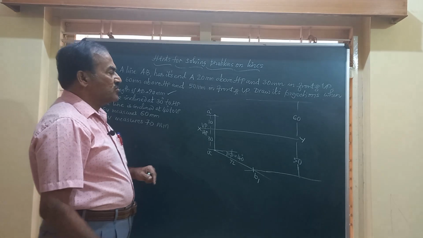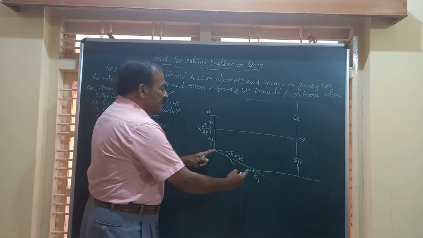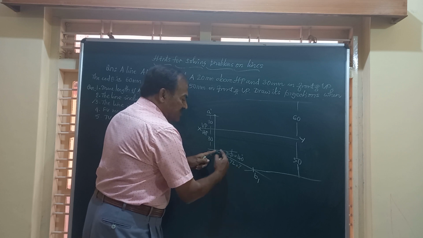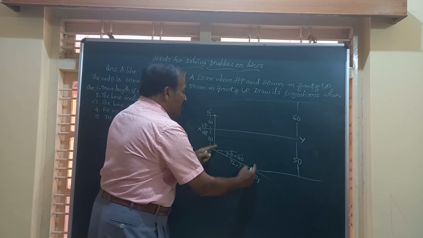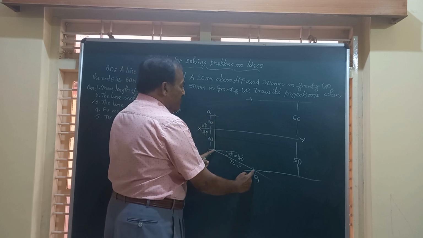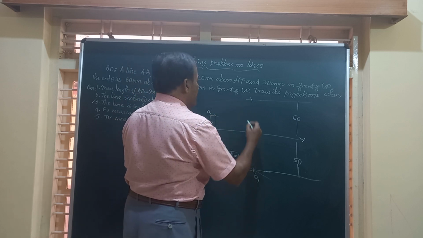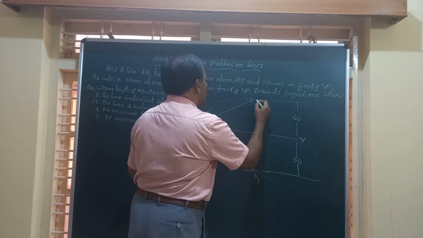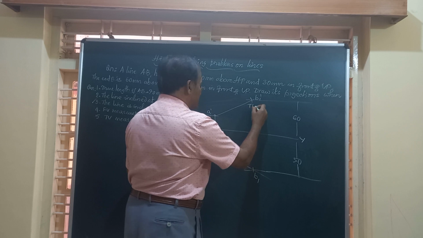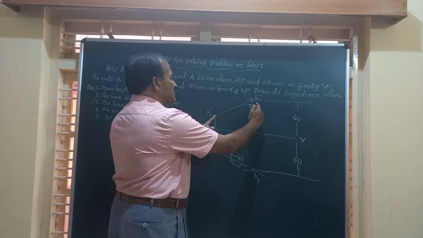Now the true length remains the same. Taking the same length, whatever you get here after construction, draw an arc taking A dash as center and AB1 as radius. And friends, you are going to get here A dash B1 dash. That is again the true length, which is the same as this.